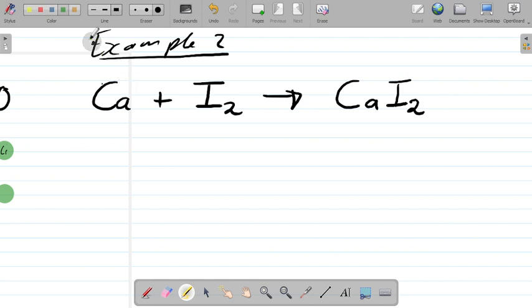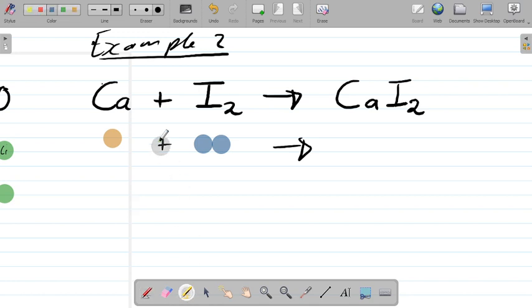First things first, we draw, obviously you're going to be drawing. So let's choose a color. Let's say this one is our calcium, and then our iodine will be the blue one. So you have iodine, one of the halogens, which exists as a diatomic element, right?